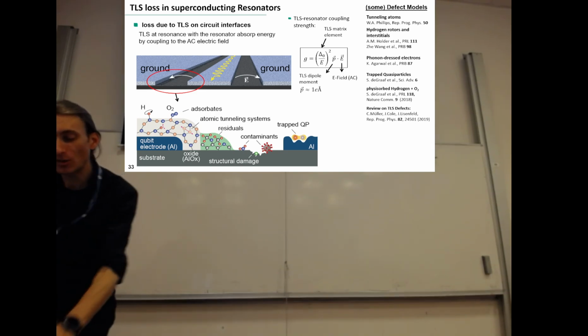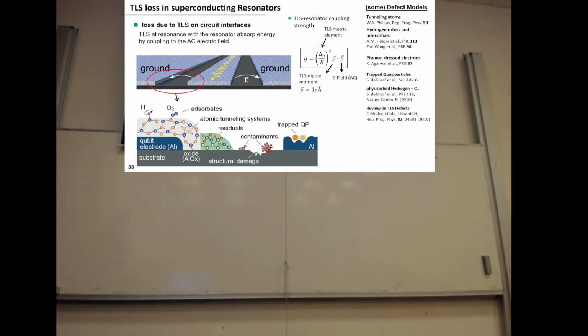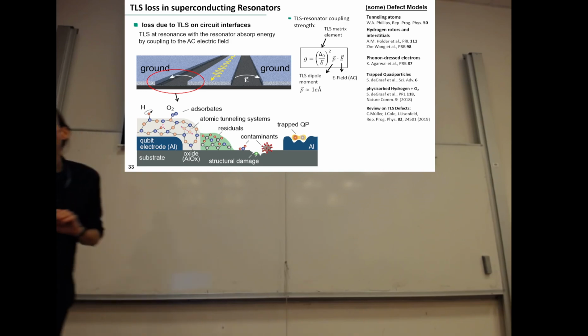Okay, so now we didn't talk about what actually is in these resonators. Imagine you have this coplanar resonator here, and you look at the cross-section of these films. As I told you, if you have some qubit electrode, you always have some amorphous metal oxide. And as it's amorphous, it again contains these atomic tunneling systems.